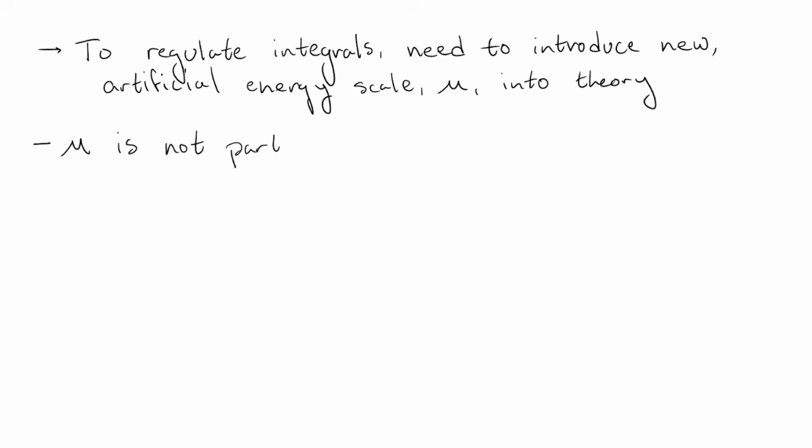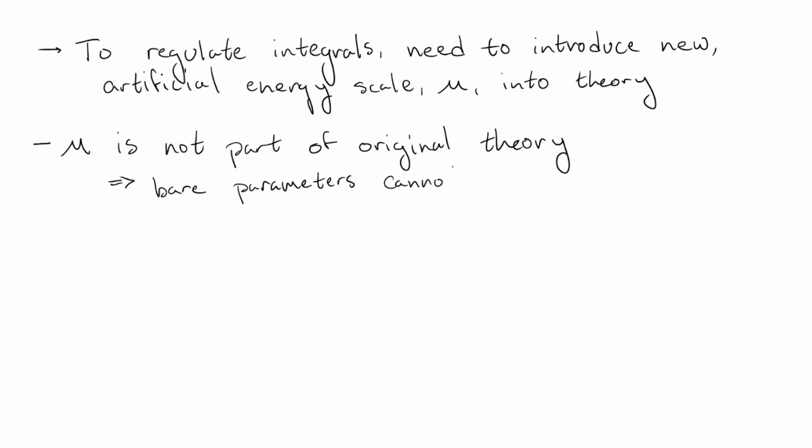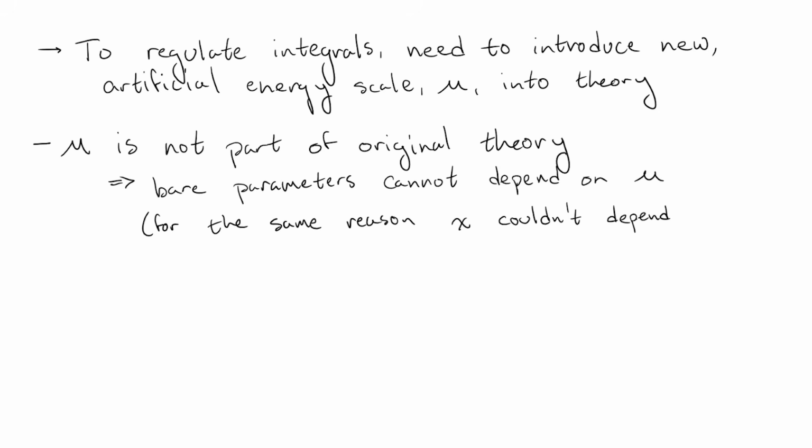Since it doesn't show up in our original theory, our bare parameters must be completely independent of this energy scale, exactly the same way that if we choose to include any new parameters into delta and y that didn't show up in our original quadratic expression, x could not depend on these parameters.